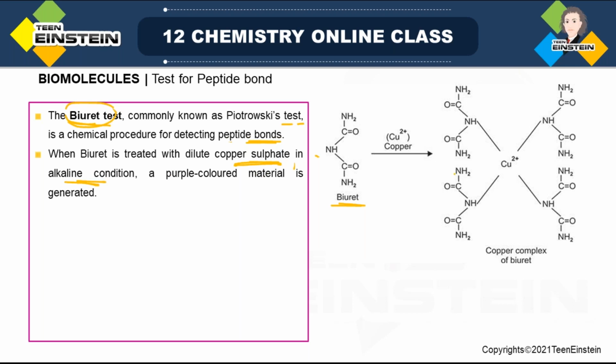Here we have a total of 4 biuret molecules: this is the first, this is the second, then third, then fourth. The middle nitrogen will be coordinating with the copper, so there are 4 coordinations from 4 biuret molecules. This complex has a specific color, which is purple.